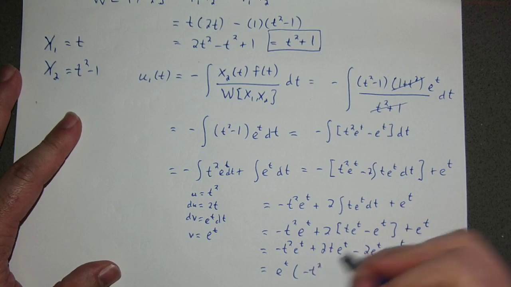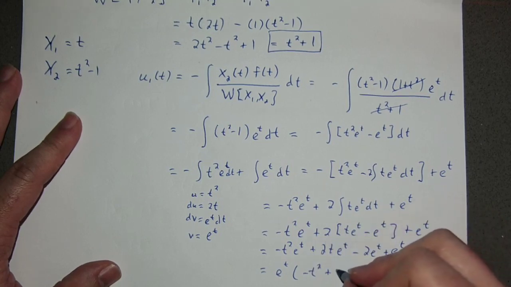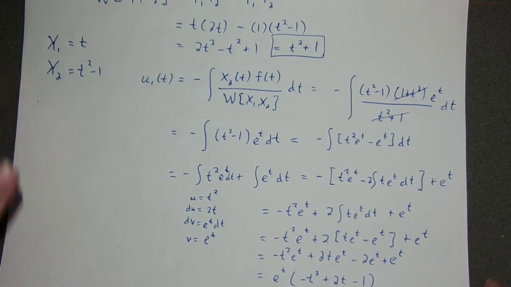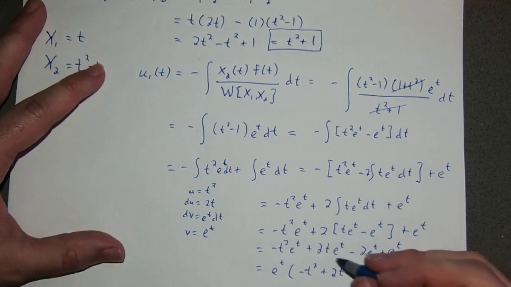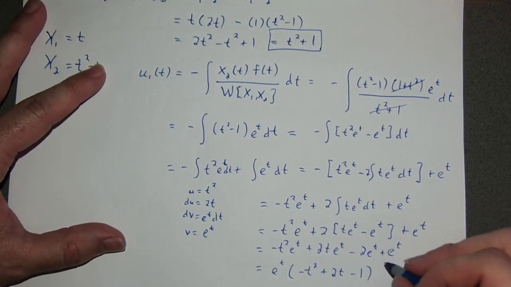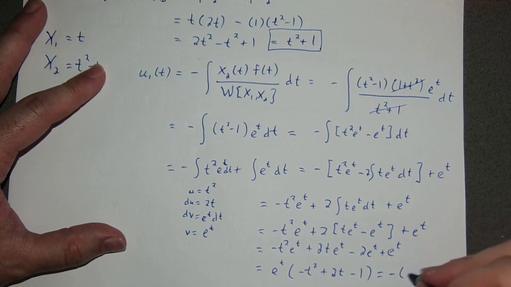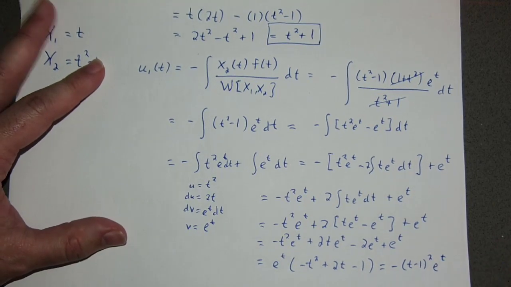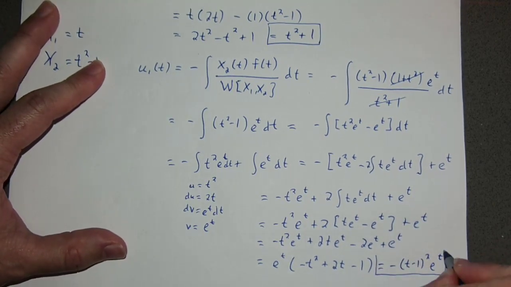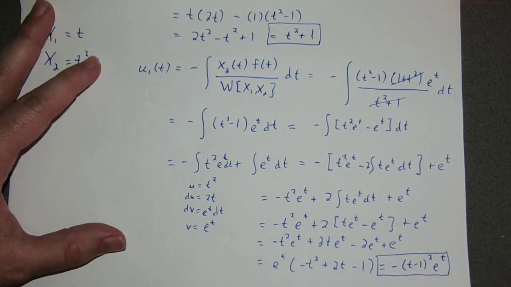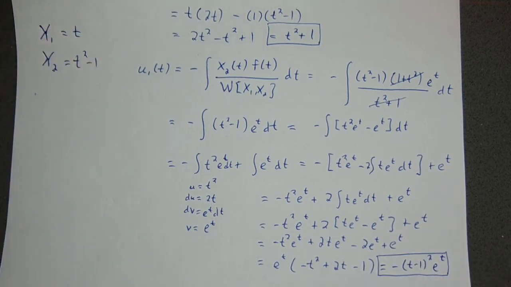This is minus t squared plus 2t minus 1. So what is that? That is minus t minus 1 squared e to the t. Yep. Cool. All right. Okay. So that is our u sub 1 of t, this thing.